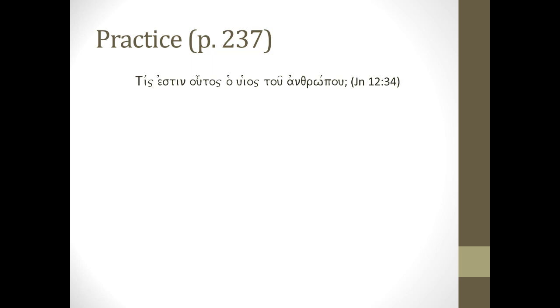So I now know that the tis, that is the pronoun at the front, is actually asking a question. And the question here is, who is this Son of Man? Okay, so now I've been able to ask a question. Who is this Son of Man?